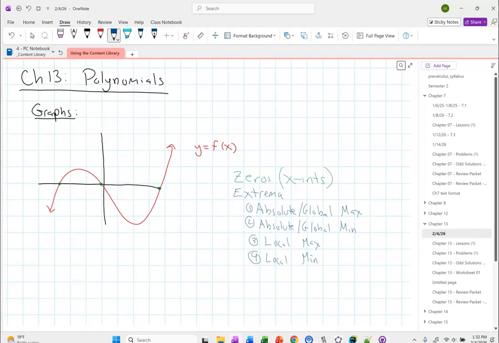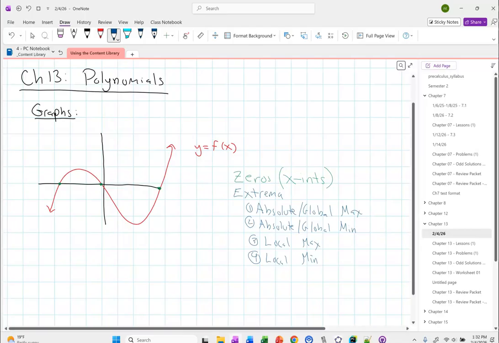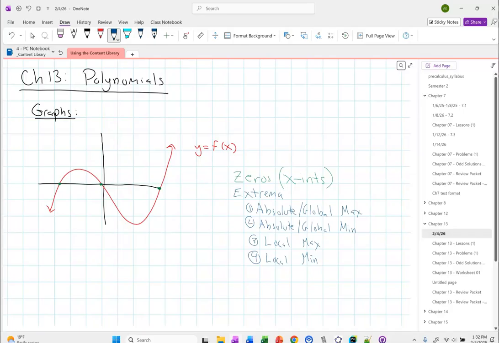For example, this graph has no absolute maximum because there is no biggest y-coordinate: this end of the graph has an arrow pointing up, so it goes up forever. How about an absolute minimum? Is there one of those? No. Why not? Because the arrow's pointing down, so there's no lowest point. It goes down forever. So this graph has no absolute minimum or maximum.